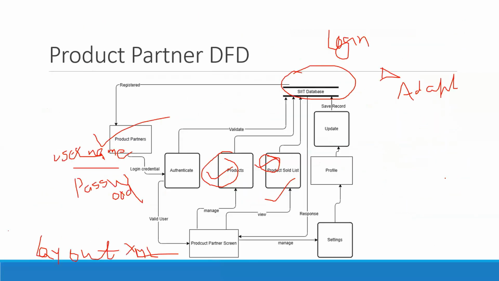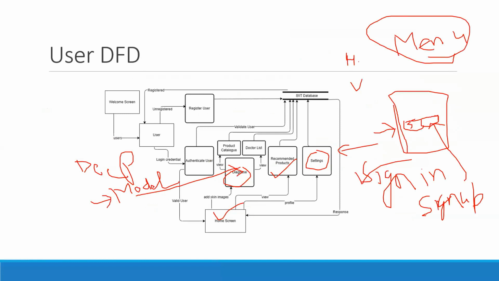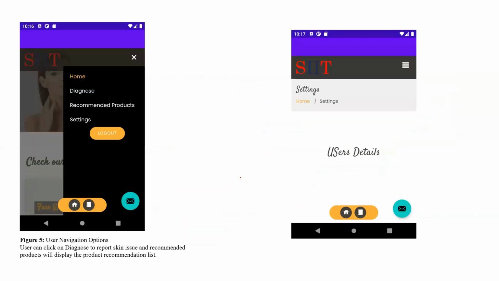The user DFD should have menu options: recommended products, settings, even diagnose. In this, I have created home, the first; diagnose, the second; recommended product, the third; settings, the fourth. This is essential for maintaining a session.